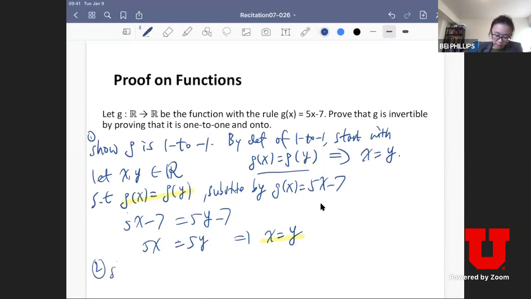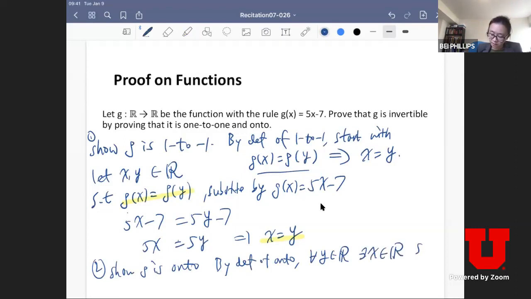Now I want to show it's onto. Do I have a volunteer how to do this? Remember the definition? By definition of onto, that means for all y that is in the codomain, there exists x in the domain such that g of x is equal to y.